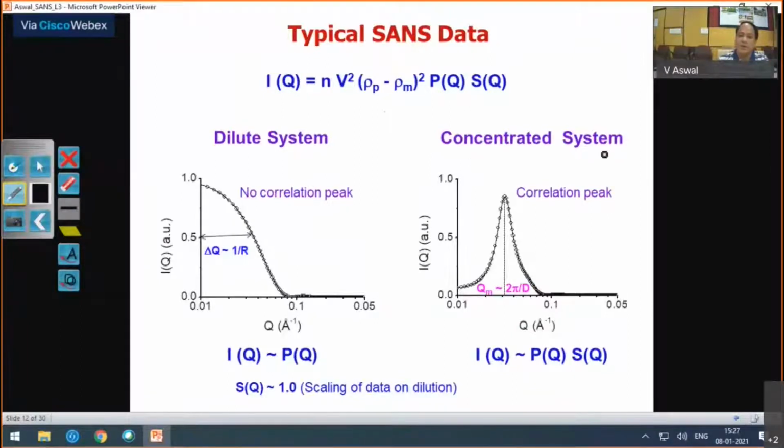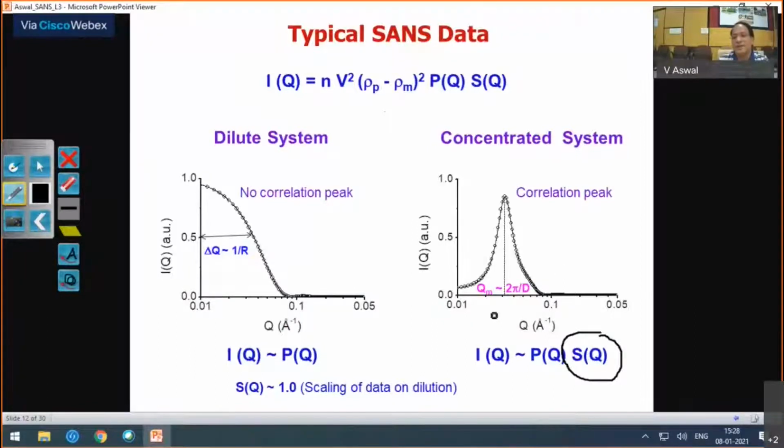And when you have a concentrated system, you see a peak in the scattering pattern, which is coming from your S(Q), the structure factor. This peak typically comes around 2 pi by d, where d is the distance between the particles. In small angle neutron scattering, what you are seeing is the interparticle structure factor, not the intraparticle structure factor.